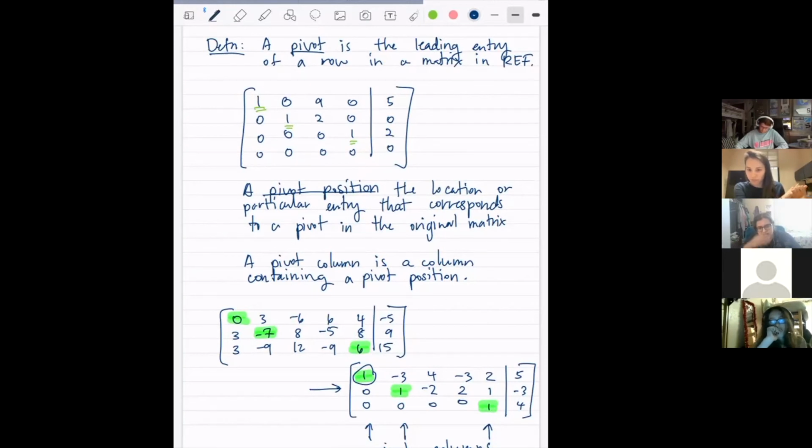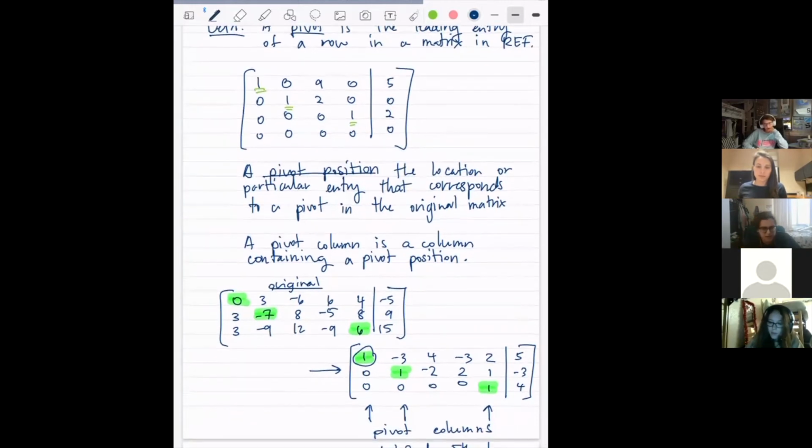But it says it corresponds to a pivot in the original matrix, but the original matrix doesn't have pivots, only pivot positions. Yeah, because this is the original. Okay, sorry, I'm confused. It's okay. It's probably easier to just think about the row echelon form of the matrix and visualize it there, right?